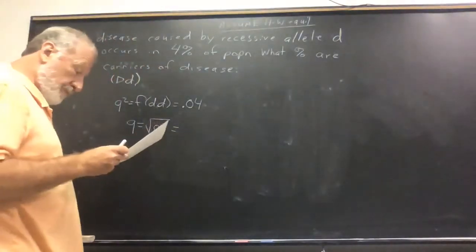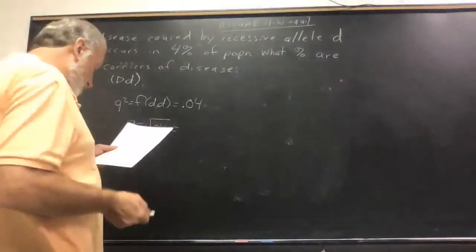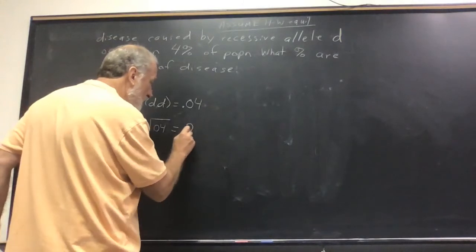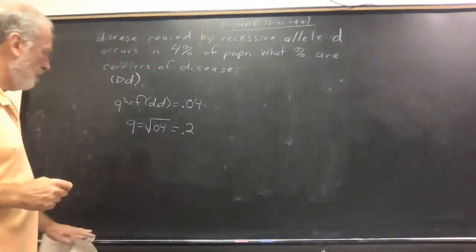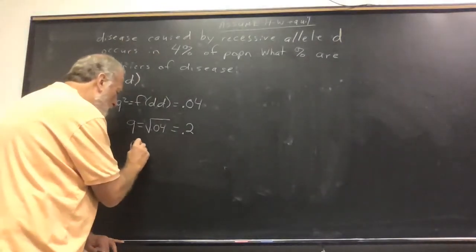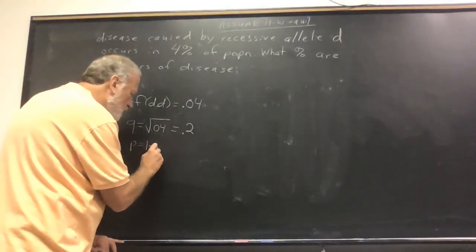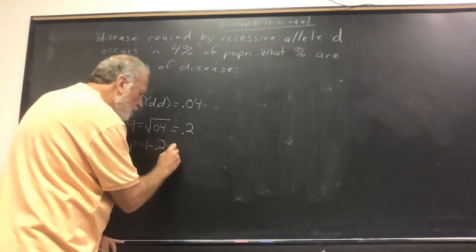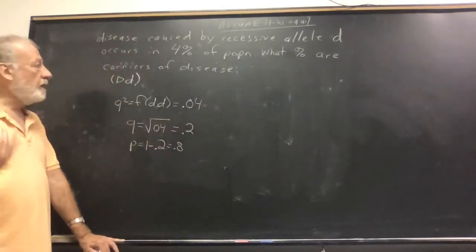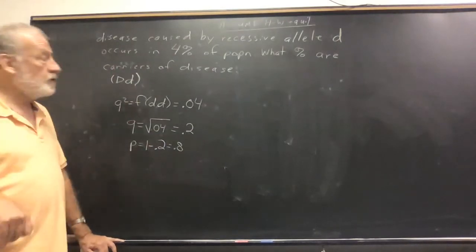And so that comes out to be 0.2. So we have q is equal to 0.2, and now p equals 1 minus 0.2, which equals 0.8.